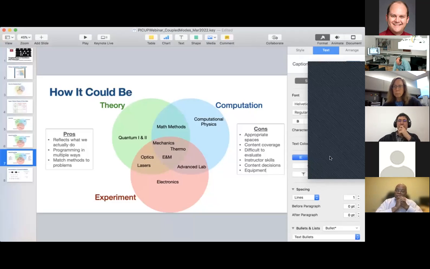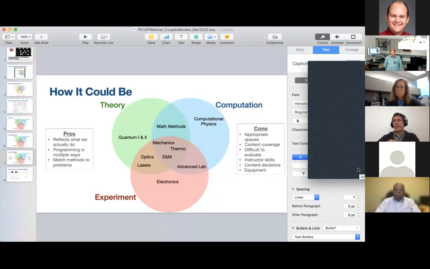Appropriate culture. Ernie, what do you mean by appropriate culture? Okay, so physicists, at least traditionally, for lack of a better word, tend to be really independent actors. And as you mentioned, owning courses is often the way it is, but not always.